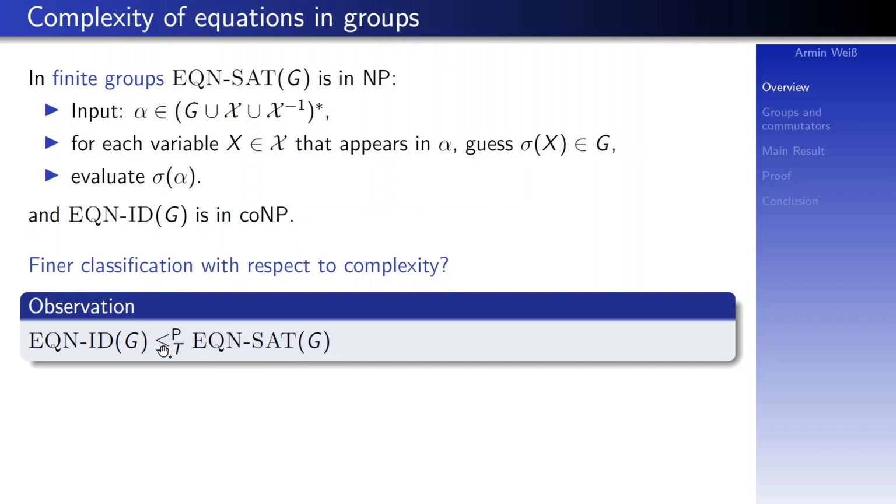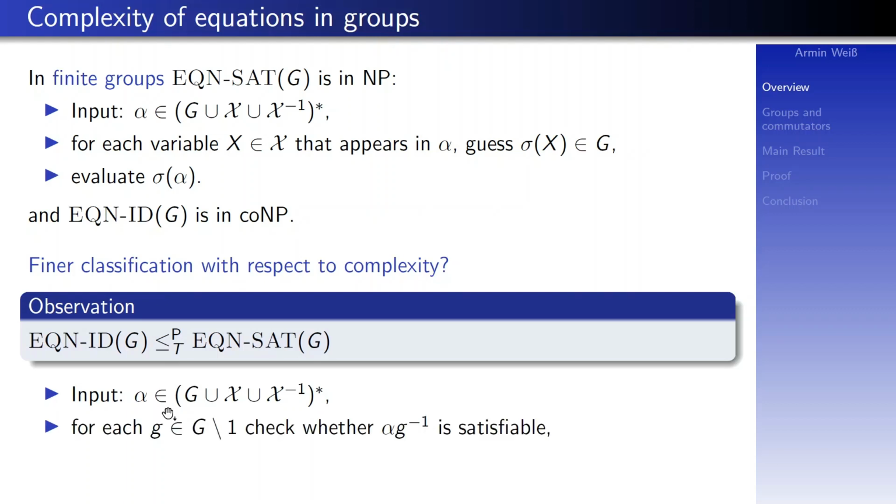The reduction is quite easy. We have an input expression, and for each non-identity element g of G, we check whether alpha g inverse is satisfiable. If alpha g inverse is satisfiable, then of course alpha equals 1 is not an identity. On the other hand, if alpha is not an identity, then there is some non-identity g such that alpha g inverse is satisfiable. So we have this reduction.